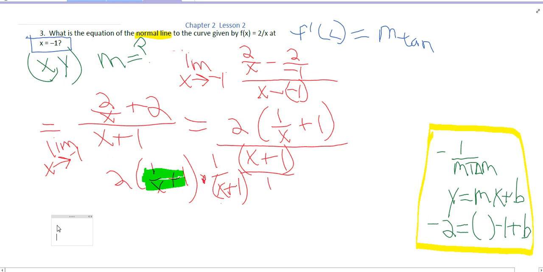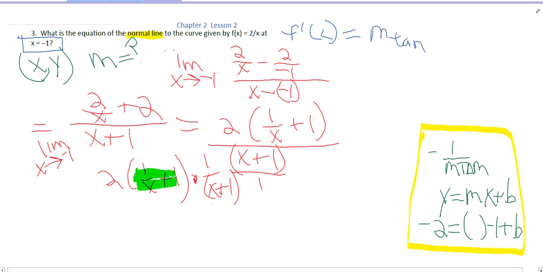Let me see if I can get some more space here. Well, if we find a common denominator, the common denominator would be x, right? So we have 1 over x plus, well, let me erase this, over x all over 1 over x plus 1.